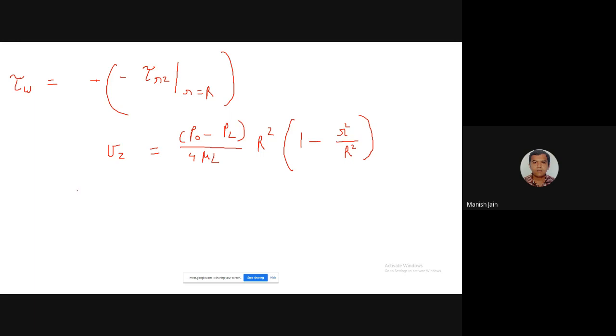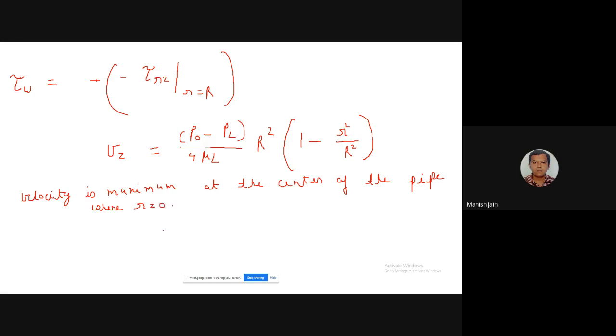So velocity is maximum at the center of the pipe, where small r equal to 0.